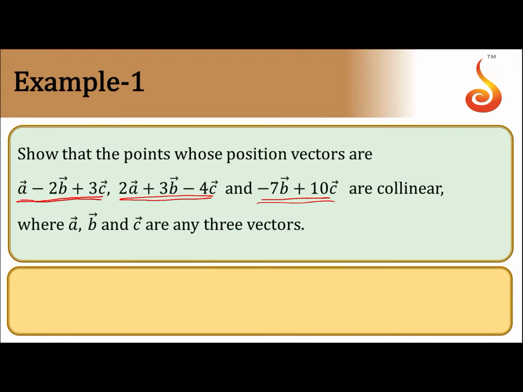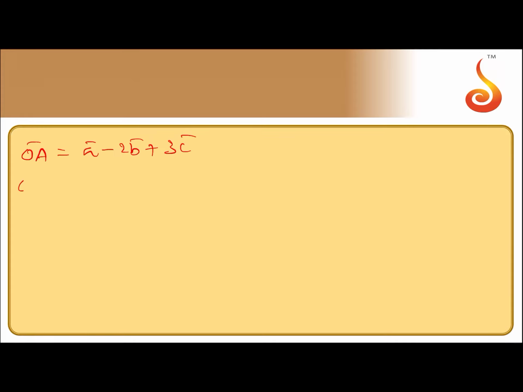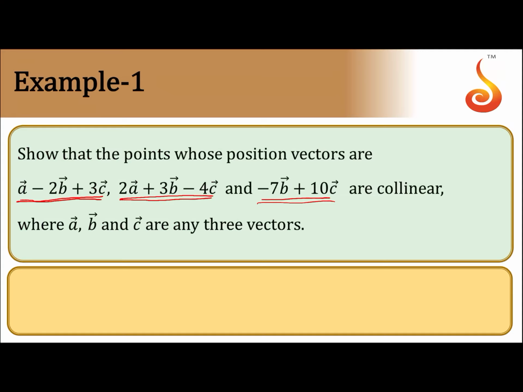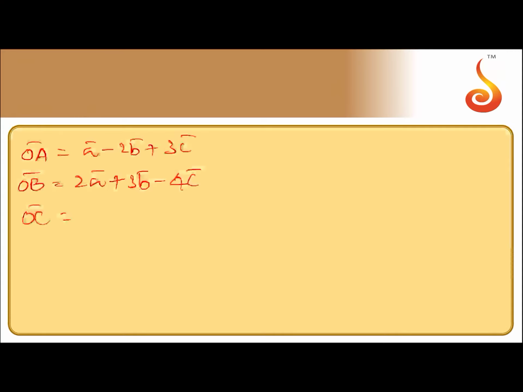OB bar is equal to 2a plus 3b minus 4c. And OC bar is equal to minus 7b plus 10c.